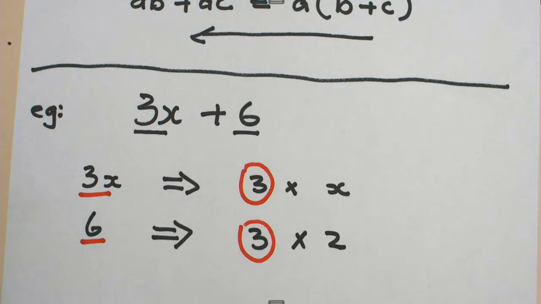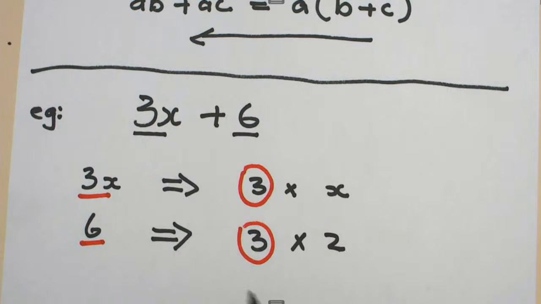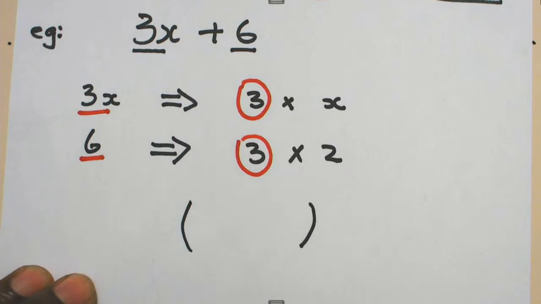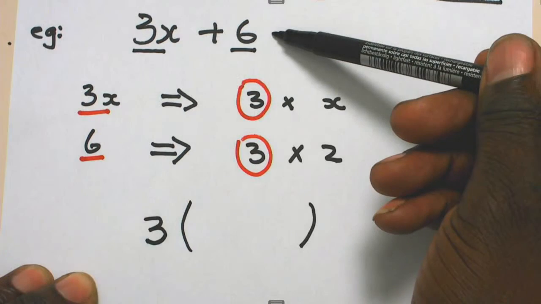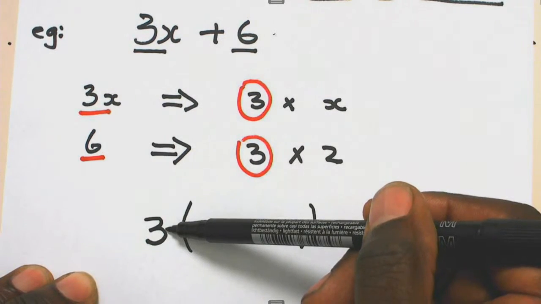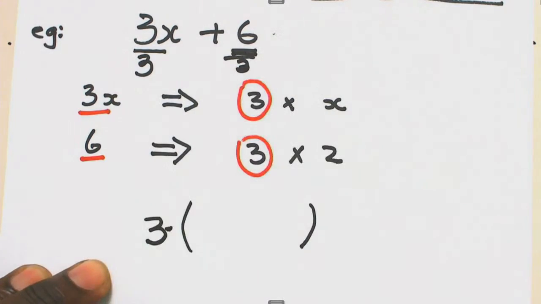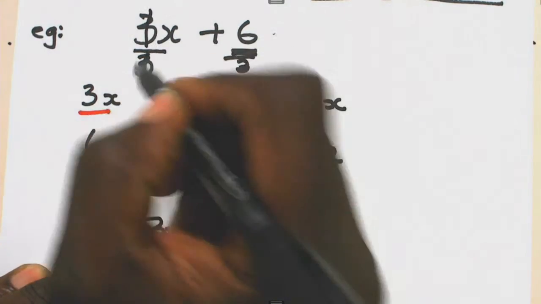To factorize the expansion, the common factor must be placed in front of the bracket. In other words, when we factorize this, we must put a bracket, and the highest common factor must be in front of the bracket. To get the expression inside the bracket, you divide the expression by the highest common factor, divided by 3. 3 goes how many times into 3x?